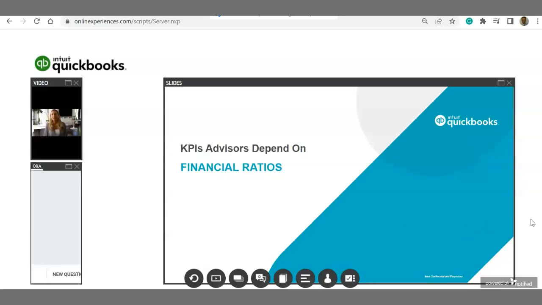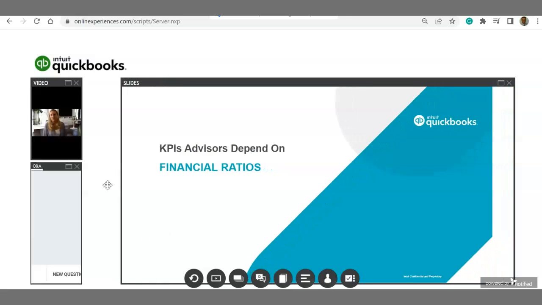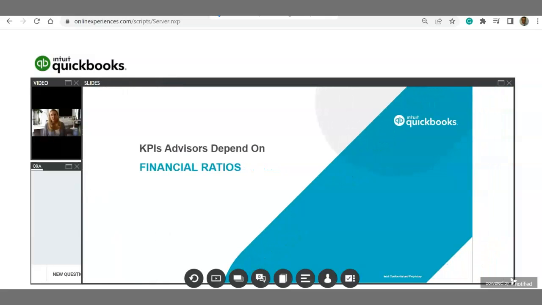Okay, now that we've looked at some financial statements and reviewed the different sections of balance sheets and P&Ls, let's get into financial ratios and how to use the information from the financial statements, like the balance sheet and the P&L, to calculate the financial ratios.